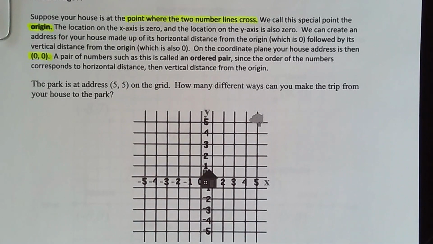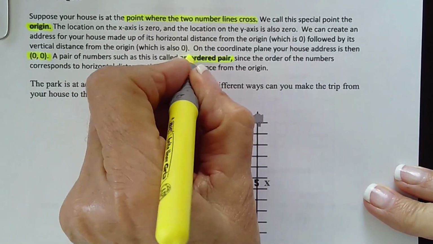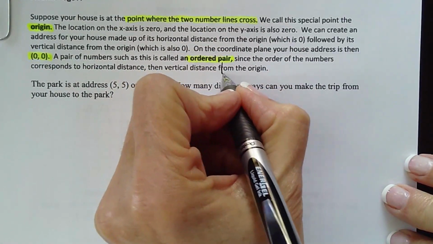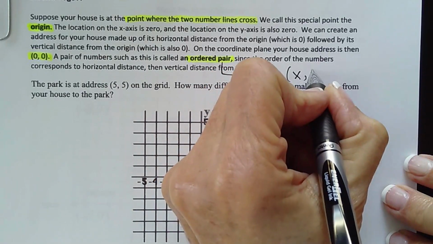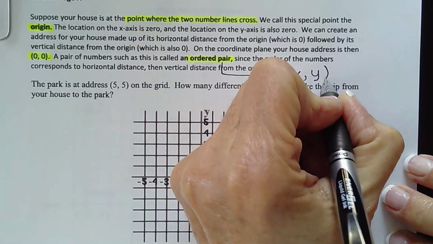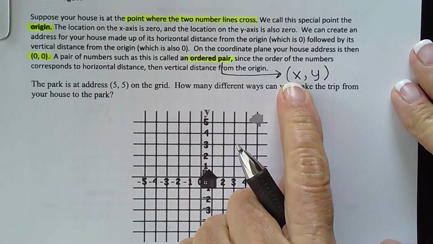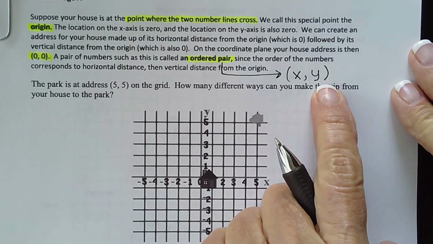And we plot points by plotting ordered pairs. Ordered pairs are, let's just put a little arrow here. X value first, comma, Y value. So X is the horizontal distance from the origin, and Y is the vertical distance from the origin.